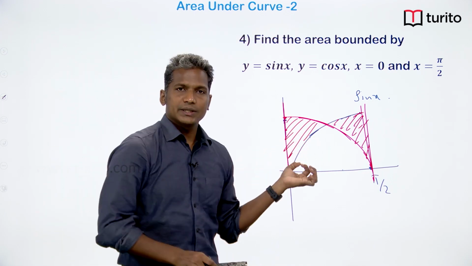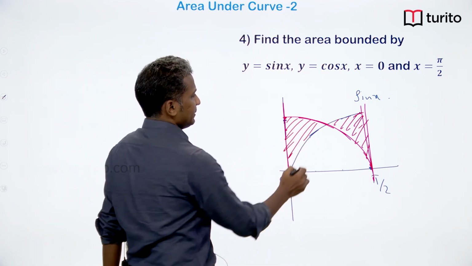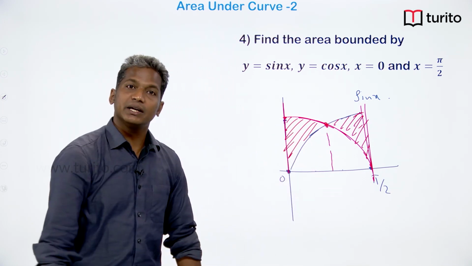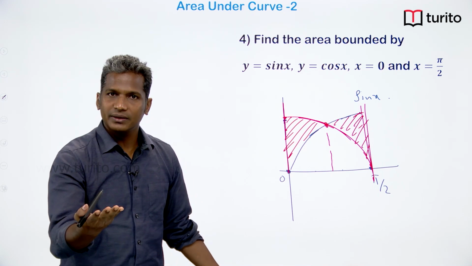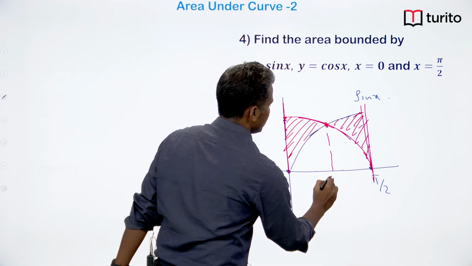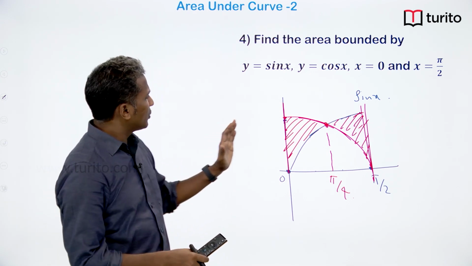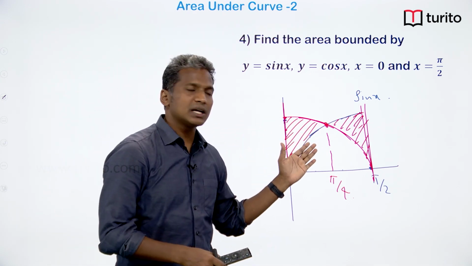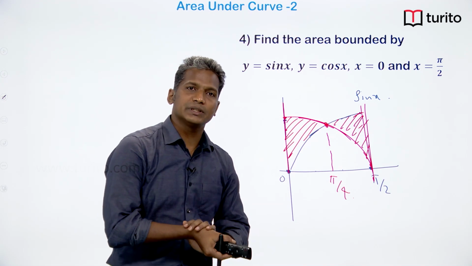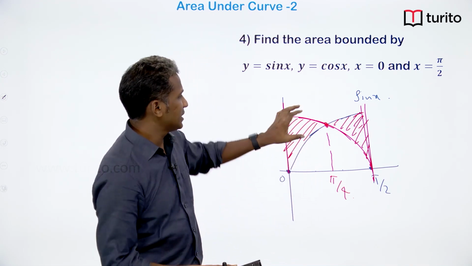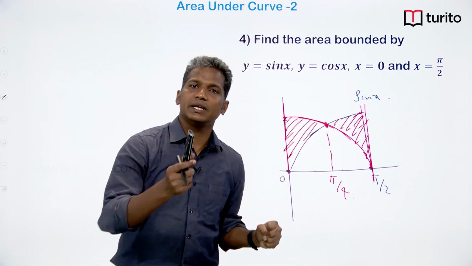Now, if you notice, both are intersecting at this point where sin x and cos x are equal, and that angle must be 45 degrees, which is pi by 4. And also, because sin x and cos x are symmetric diagrams, this area also becomes symmetric about pi by 4. So, basically this part and this part are actually equal.